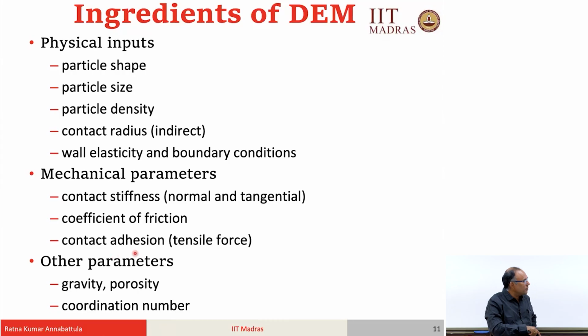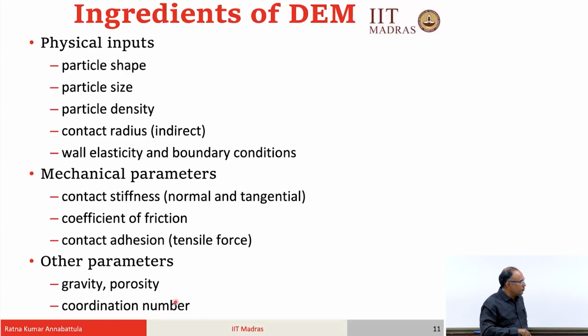And what is the porosity? What do I mean by porosity? How the particles are packed. Is the entire container completely filled with no voids, or are there voids in the container? That matters because it restrains or enables particle motion depending upon the amount of porosity or the gap available.